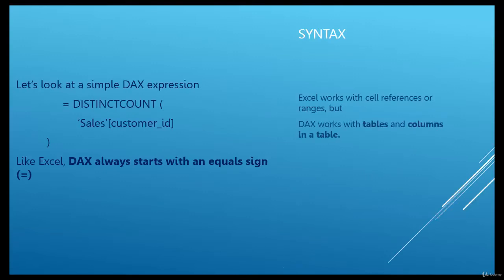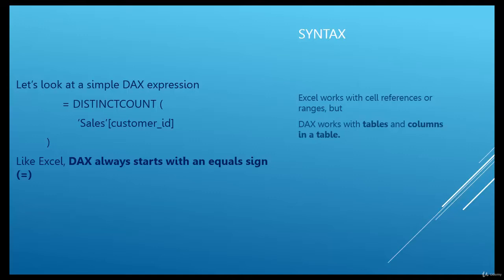Just like Excel works with cell references or ranges, DAX works with tables and columns in a table. For example, here we are calling a function, DISTINCTCOUNT, and we are selecting the table and the column to find the distinct count from it. Just like Excel, any formula or expression starts with an equals sign. In DAX also, everything starts with an equals sign.